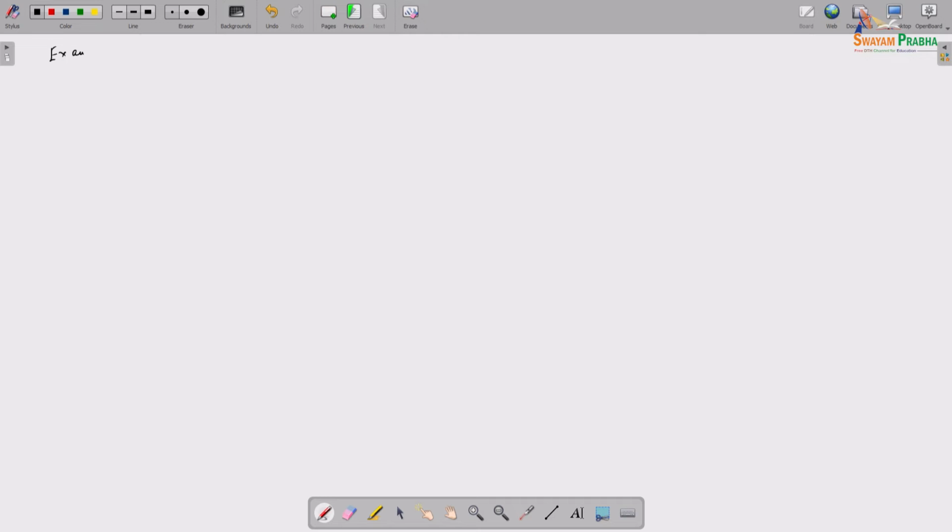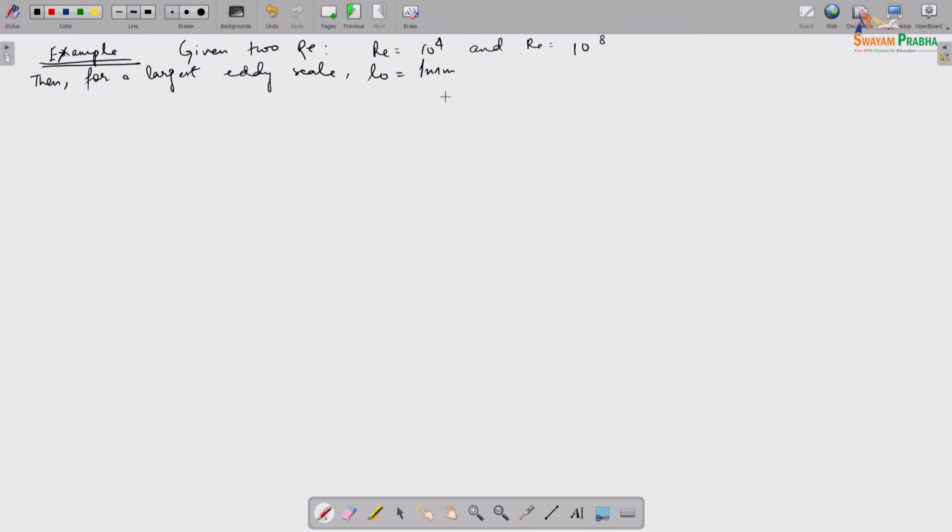So let us see an example. Given 2 RE, for a largest eddy scale, L naught is equal to 1 millimeter.